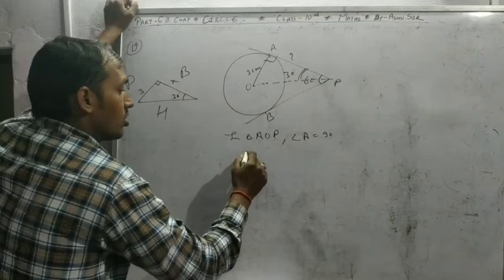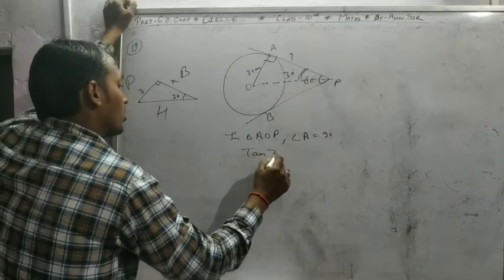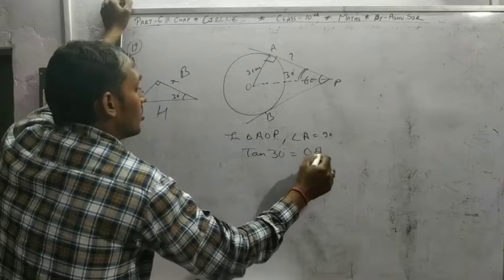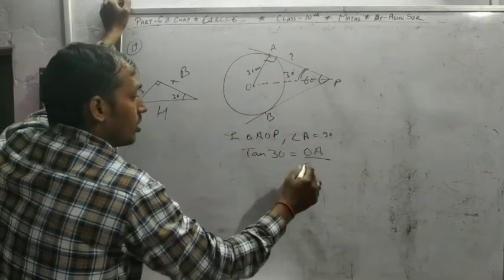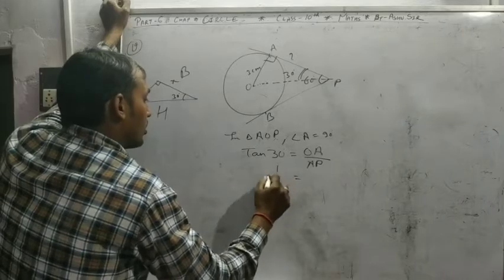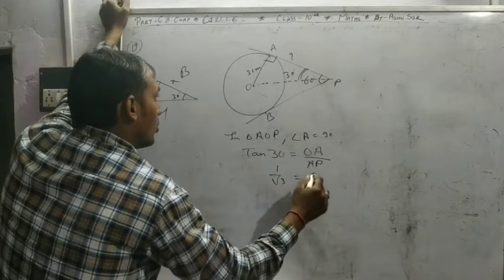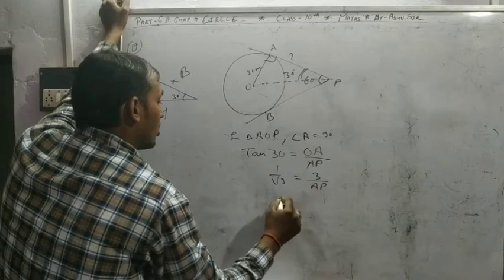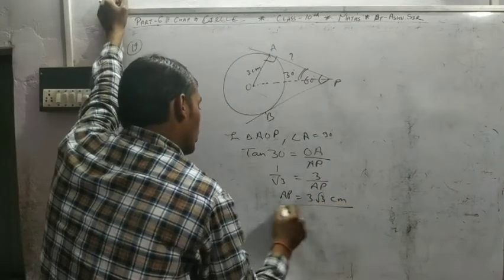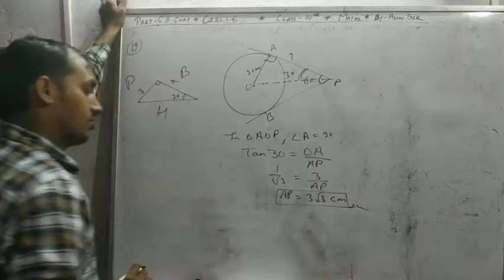So we can use tan 30. Perpendicular OA upon base AP. Tan 30 is 1 by root 3, OA is 3. So AP is equal to 3 root 3 centimeter.